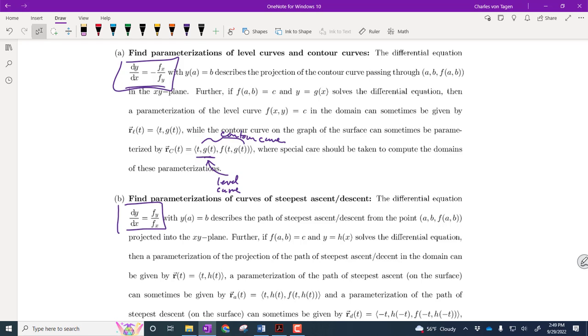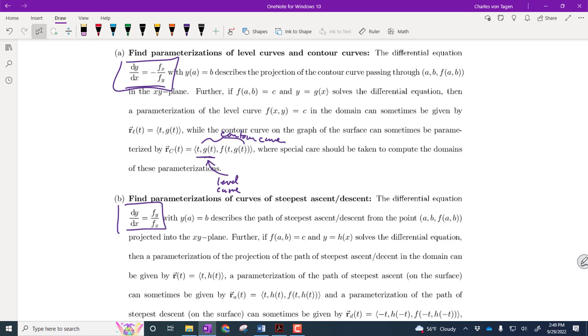What does this differential equation do? It's basically solving for an equation that will keep us along a contour line, or a level curve, or a contour curve, right? What does this one do? This moves in the direction of the steepest ascent. It's the gradient direction.